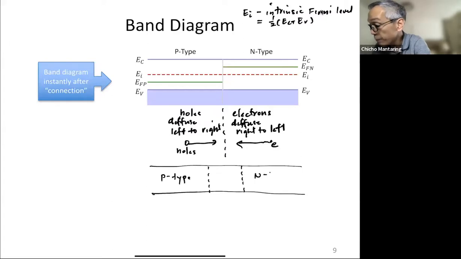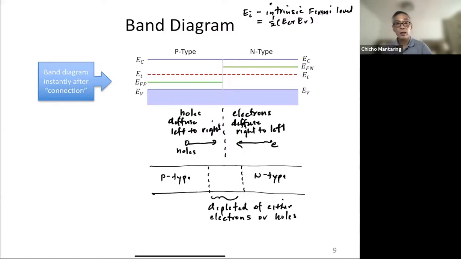This is going to be n-type. There's going to be a region here that is depleted of either electrons or holes. That's somewhere here. And this is what we call your depletion region.